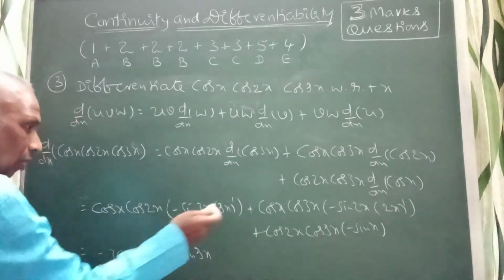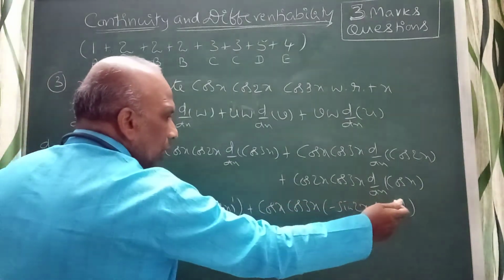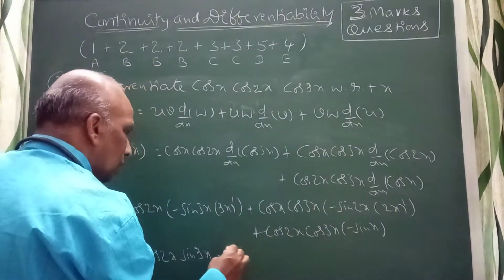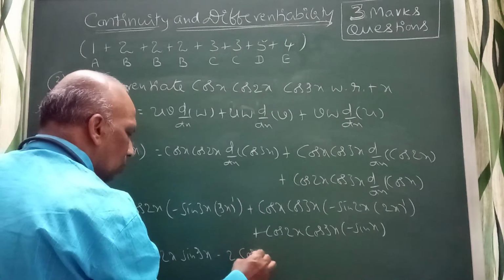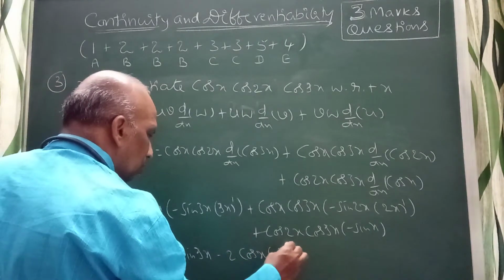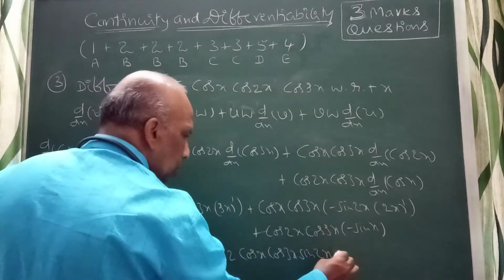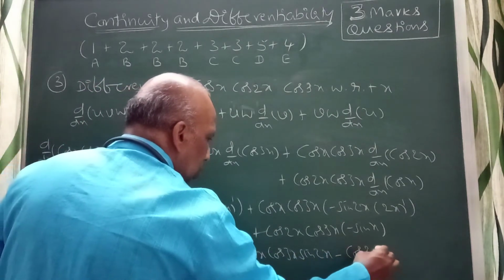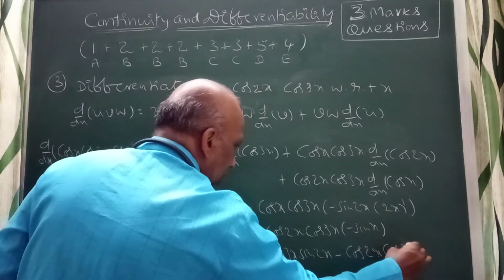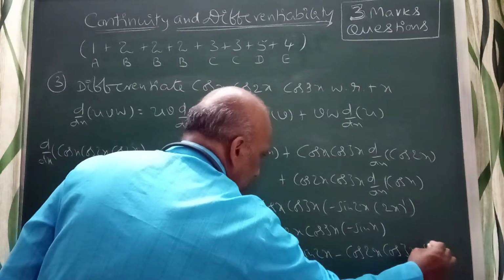How I got this: derivative of 3x is 3, derivative of 2x is 2, so we get minus 2 cos x cos 3x sin 2x, plus minus cos 2x cos 3x sin x.